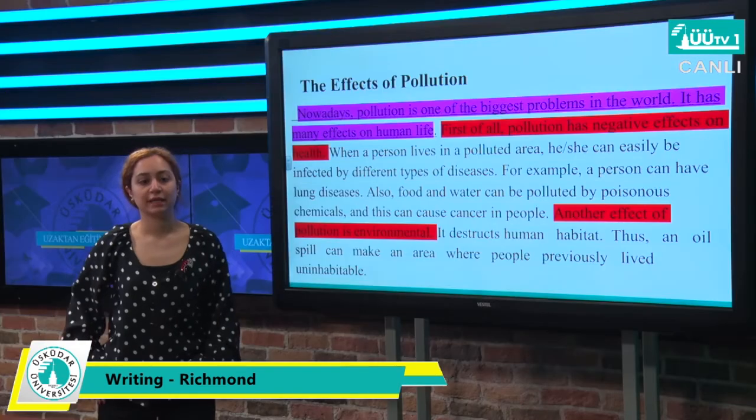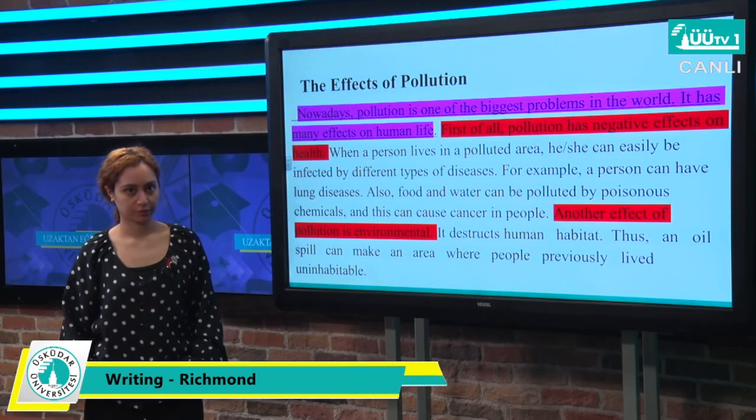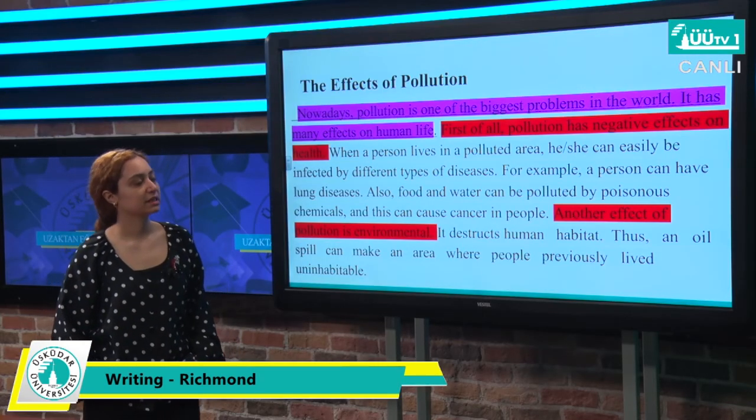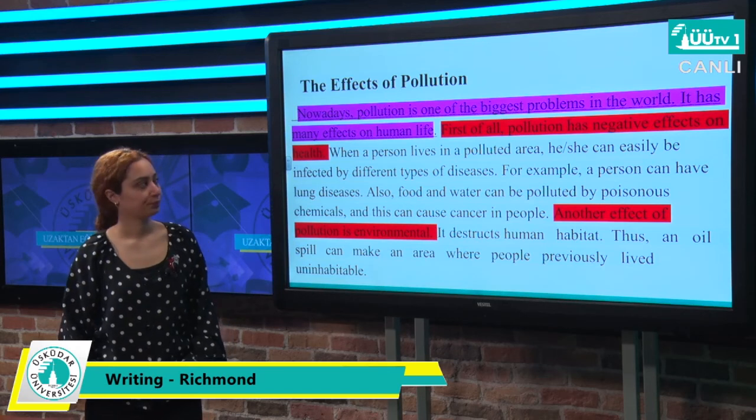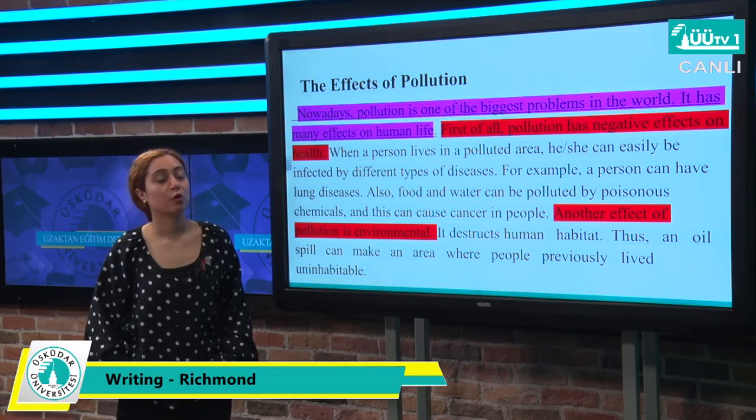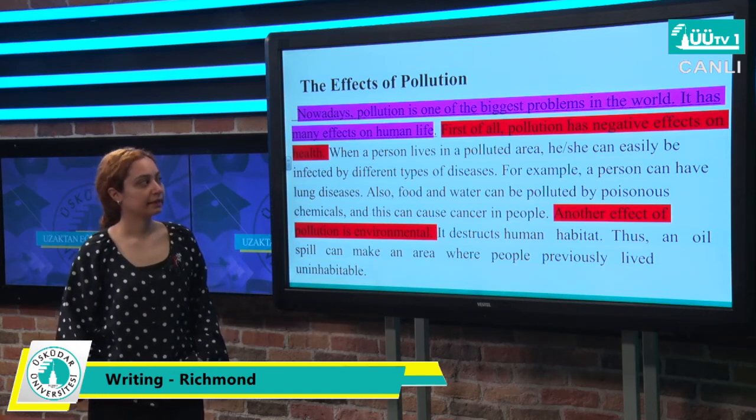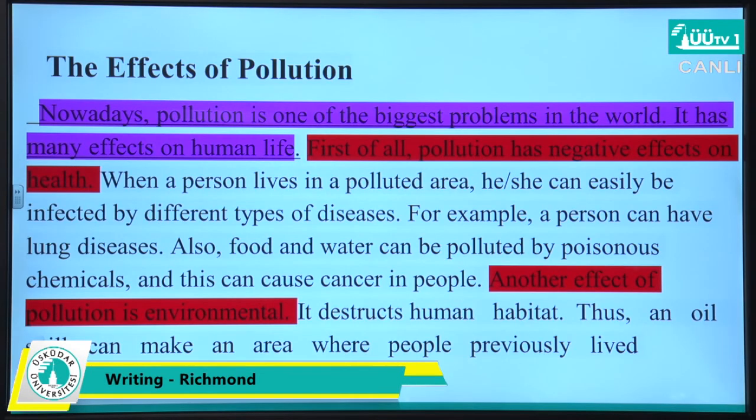So let's look again at our paragraph. We started with a general statement. We gave background information, and then we used a topic sentence to give the main idea. We said in this topic sentence, we are saying we will talk about the effects of pollution on human life. And after that, we talked about 3 effects of pollution.